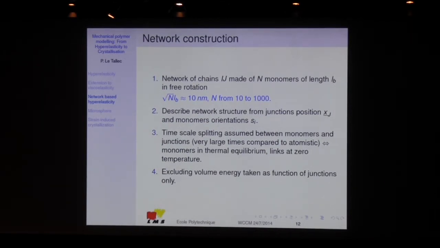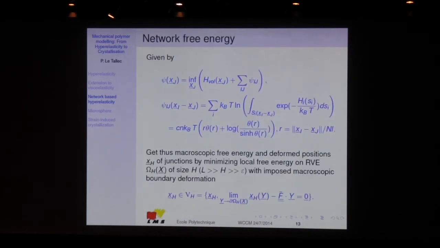If you play this game, which is the initial game of Flory and Treloar, you arrive at a local free energy which has this aspect. You see it's only a function of the position of the junction. You have here the thermalization of the different monomer links, which give you a Boltzmann-Gibbs distribution of the orientation, from which you deduce the free energy of the given chain, constrained by the position of the end links.